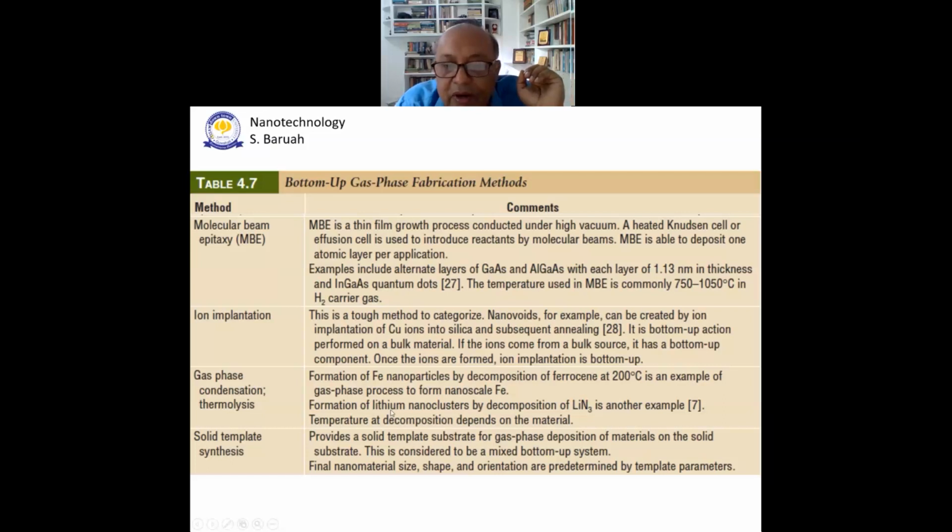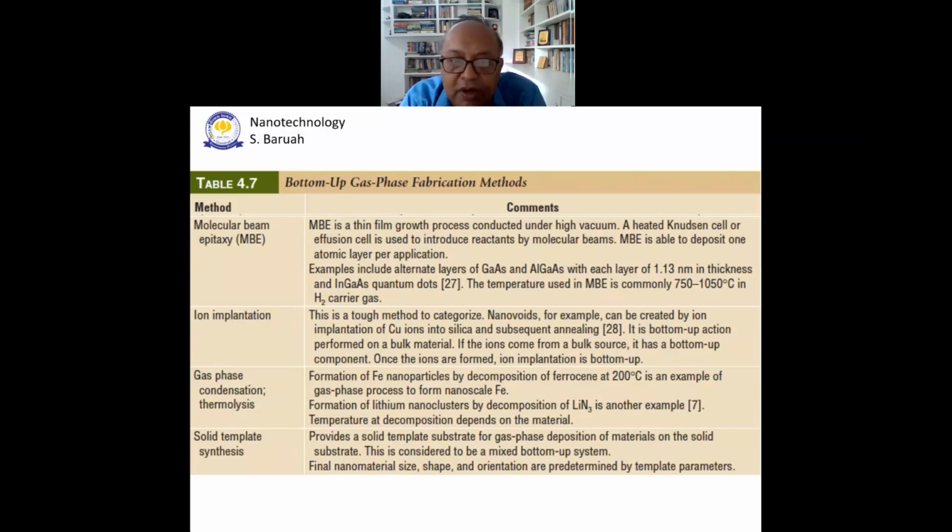So lithium nanoclusters by decomposition of lithium nitride. Okay, so nanoclusters, basically when you're saying is just clustering, many coming together. So it's the same thing we are talking about. It's very, very small crystallites, very, very small particles, maybe say 1 nanometer, 2 nanometer, and they come together and make maybe a 20 nanometer or a 30 nanometer or a 50 nanometer particle.